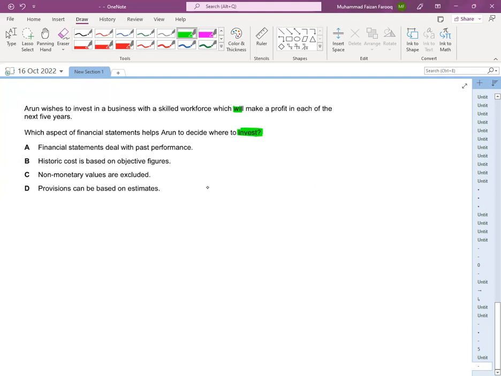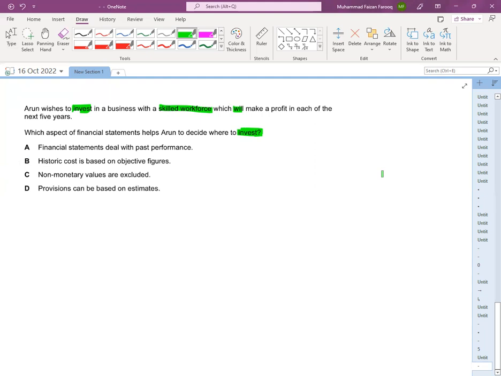Okay, now Arun is an investor. What is he doing? He is investing. Where? With a skilled workforce. So which basis, which financial statement is helping him?